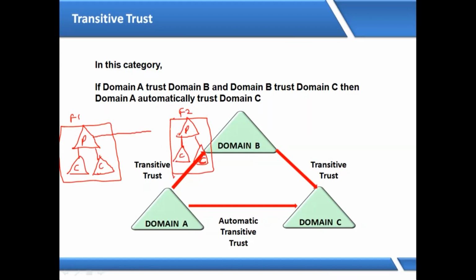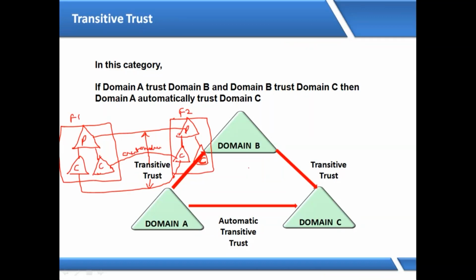If you create a transitive trust between parent to parent, and between one of the child domains, not all, one of the child domains, to another, then automatically trust will be created for all the remaining child domains. This type of trust is called transitive trust.